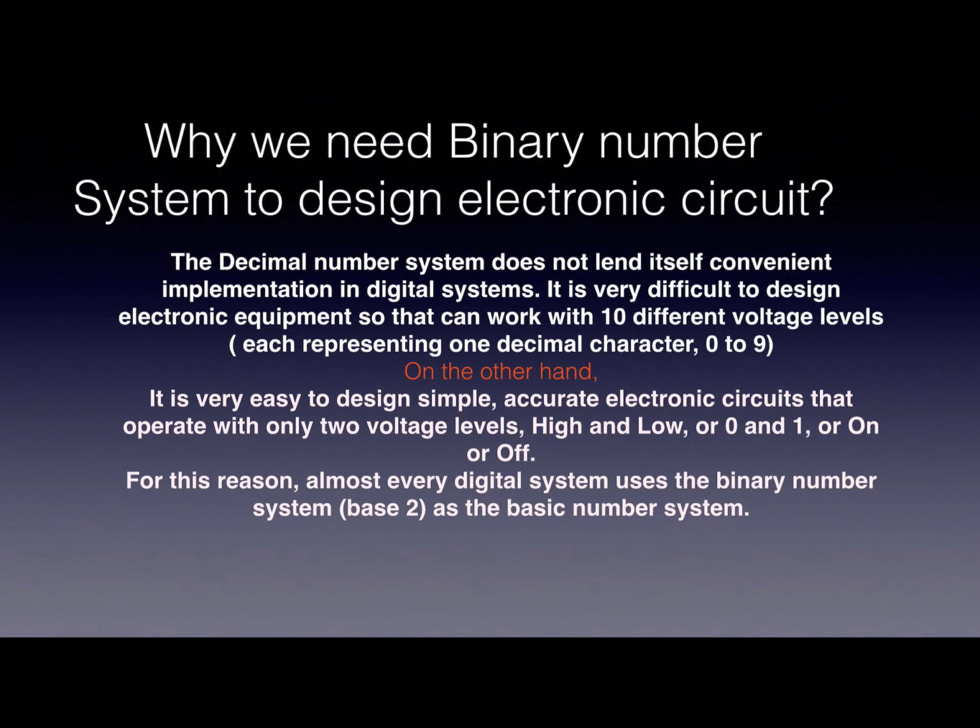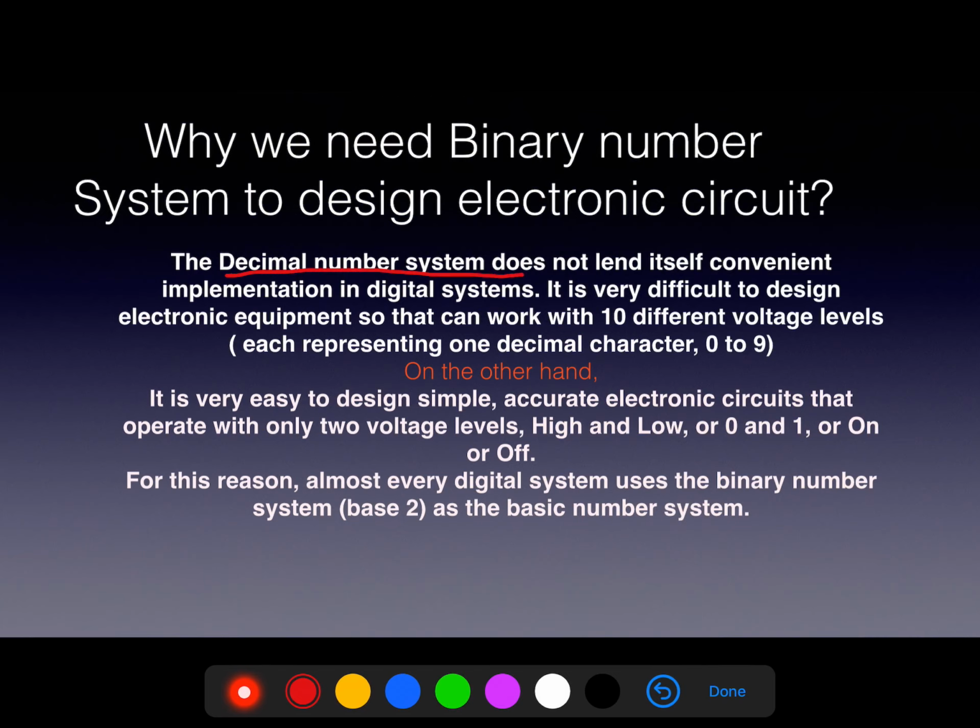First of all, we will try to know the need for a binary number system to design electronic circuits. First we'll see what the problem is with the decimal number system. A decimal number system is not convenient enough to design a digital system, because if we had to work with a decimal number system to design a digital circuit, we would have to work with 10 different voltage levels, because each voltage level will denote one decimal character, ranging from 0 to 9.